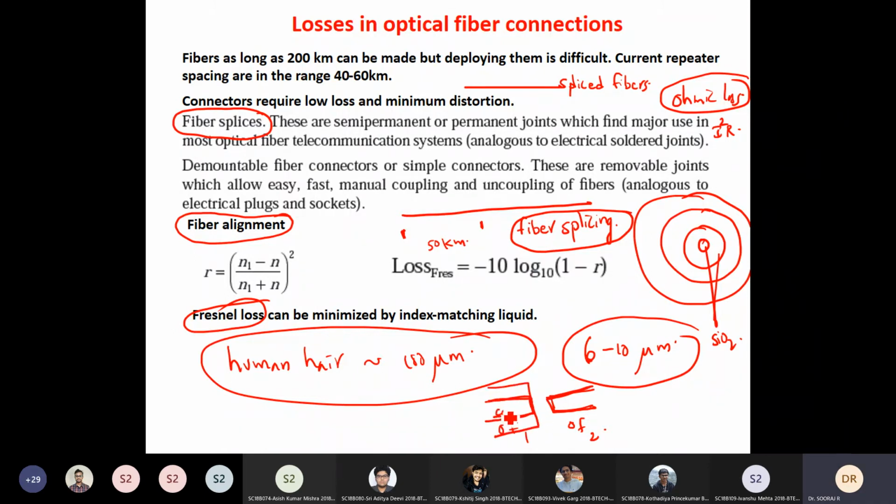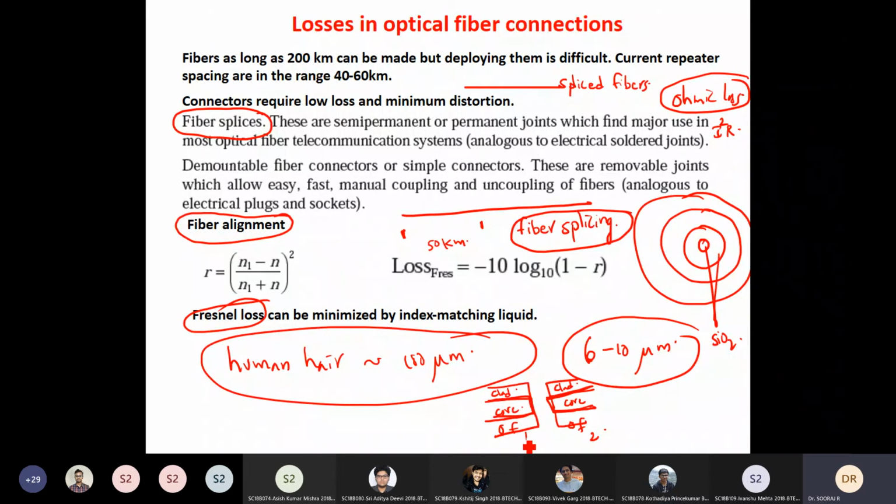So this is the core, this is the clad, and similarly for this optical fiber also, this is the core, this is the clad. So let's say that I am trying to connect two optical fibers. They have core and cladding.